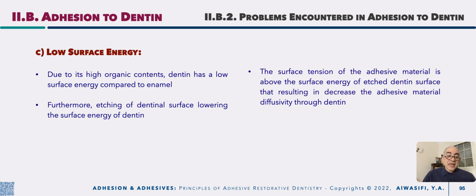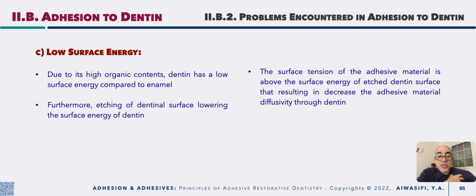Also, the inherent lower surface energy of dentin, due to its higher organic content, leads to lower surface energy. Furthermore, as we mentioned before, etching of dentin removes or dissolves a part of its inorganic content, which gives a chance for the organic content to be more apparent and more obviously adhesive in the process of bonding to dentin.